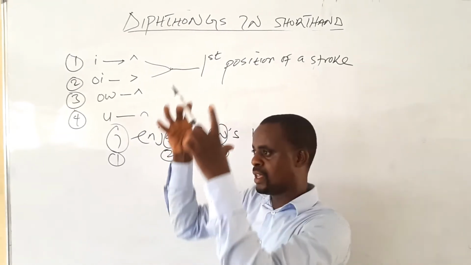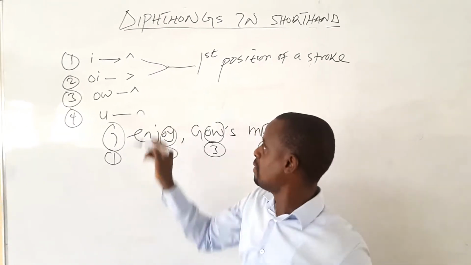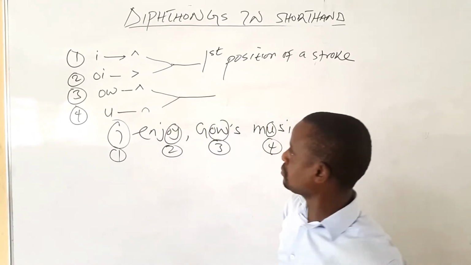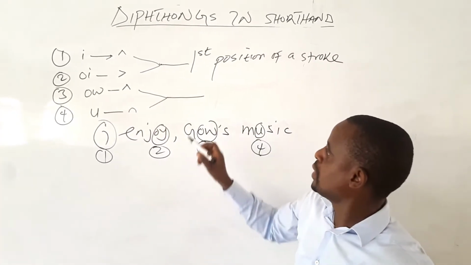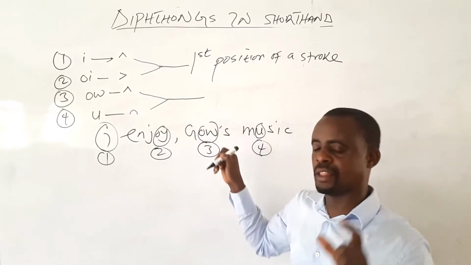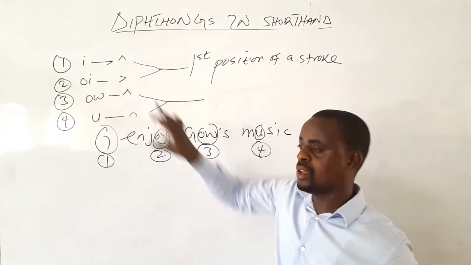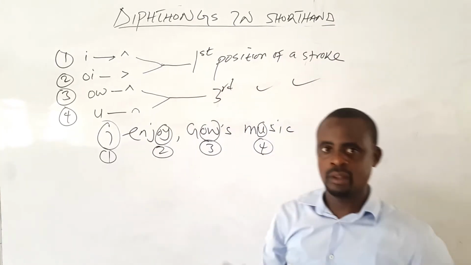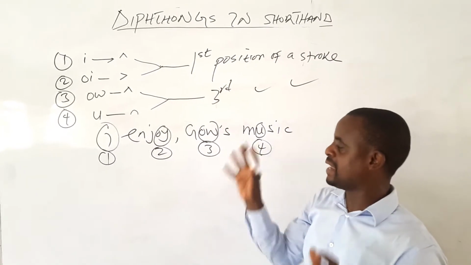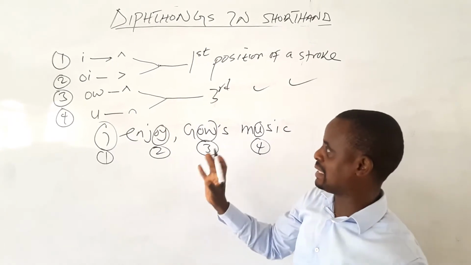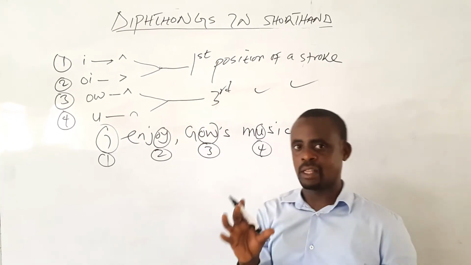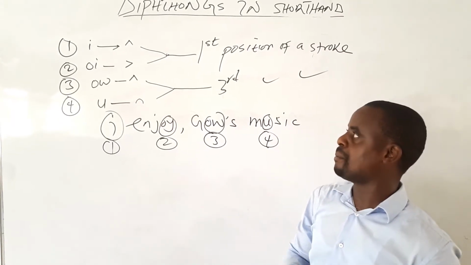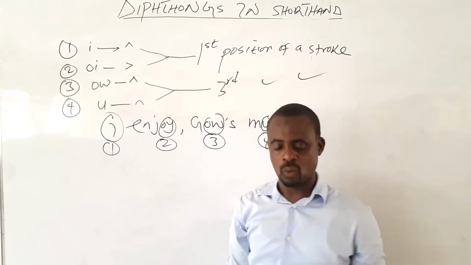This means that the outline should be above the line. Then if you have these other 2 diphthongs, the position to place that sign should be inside the position of a stroke. So these are the places to put the sign of diphthongs when you have them in words.